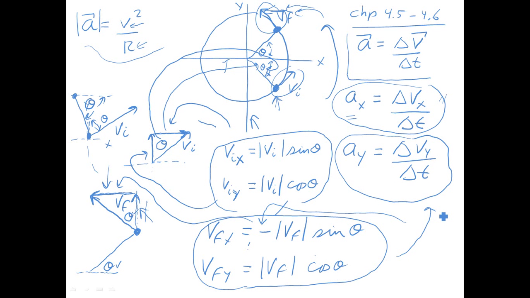So let me go to another page. Let me write these down again. V initial x is going to equal V initial sine theta, and V initial y is equal to V initial magnitude cos of theta.